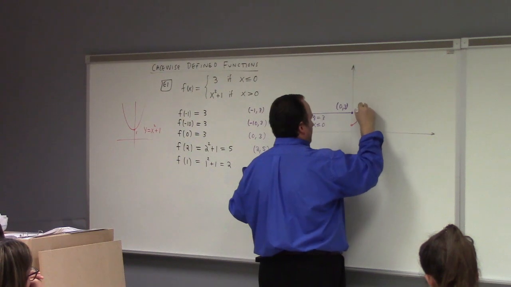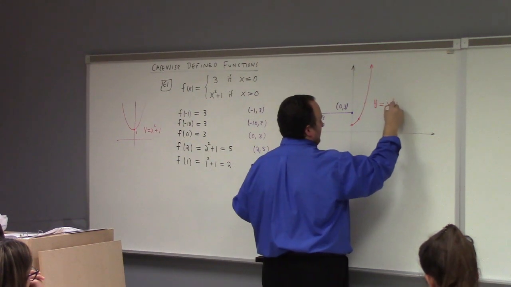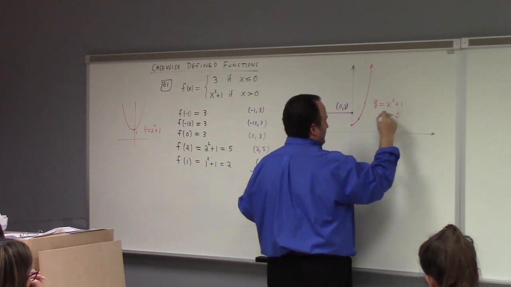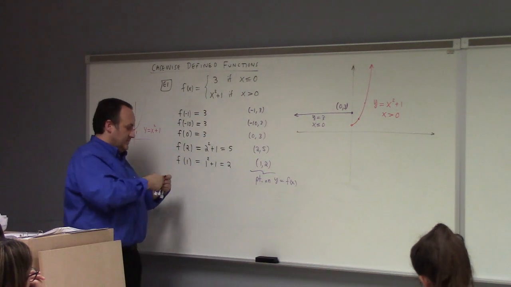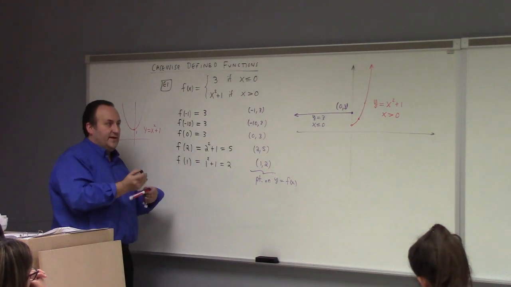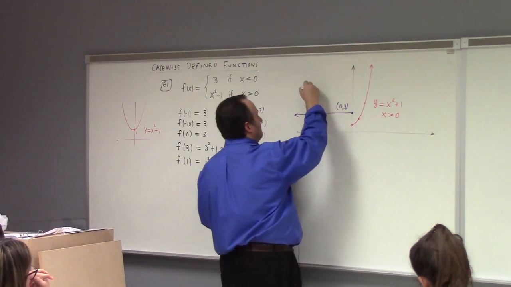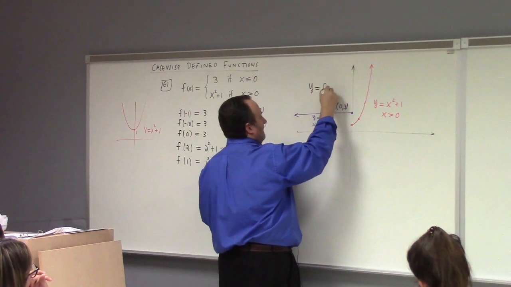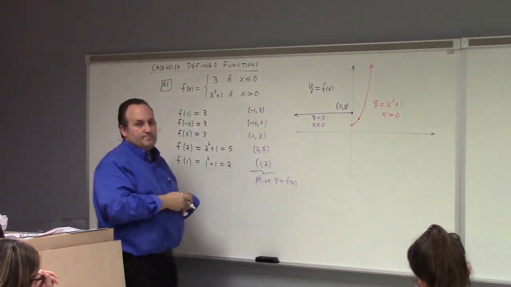So it goes like this. So here we're looking at y equals x squared plus 1 for x positive. So altogether, this is the graph of the case-wise defined function f of x. All right? There are two different cases, the purple graph, the red graph.